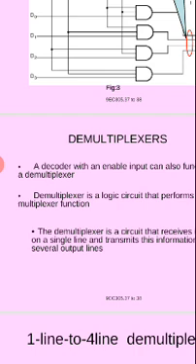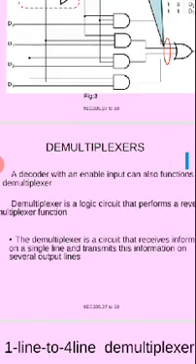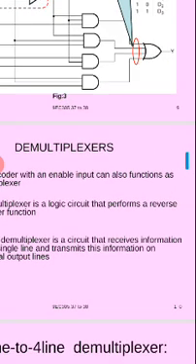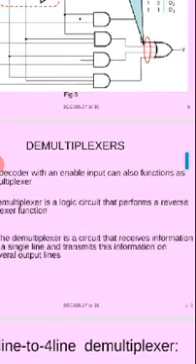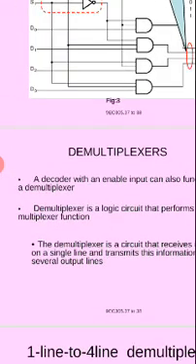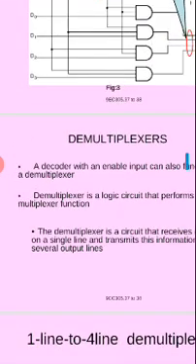The demultiplexer is a circuit that receives information on a single line and transmits this information on several output lines.